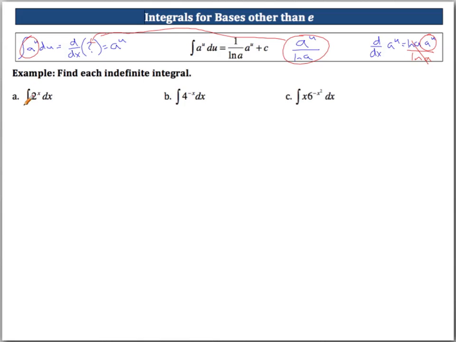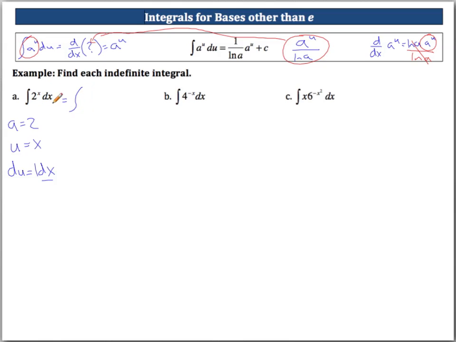Okay, at any rate, let's go ahead and try some of these examples. So here we have the integral of 2 to the x dx. We still want to find a, our base is 2, and we need to find our u, which is our exponent, which is just x. And now our du equals 1 dx. So it's important when you're integrating that we remember that dx there. So do I see a to the u du?